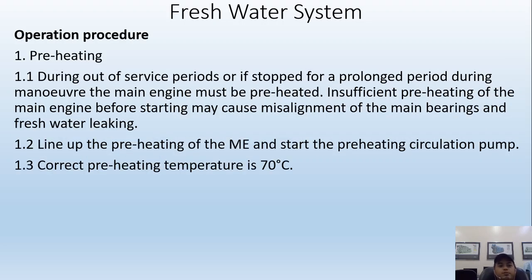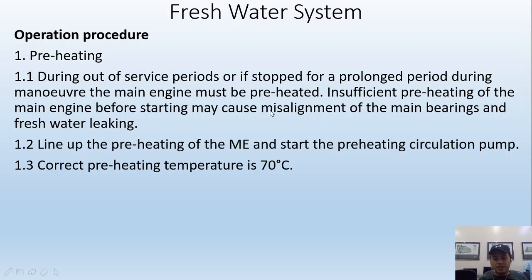Okay, operation procedure, preheating. When you start our freshwater system, we should first preheat our freshwater before starting the main engine. During out of service periods, or if stopped for a prolonged period during the maneuver, the main engine must be preheated. Insufficient preheating of the main engine before starting may cause misalignment of the bearing.